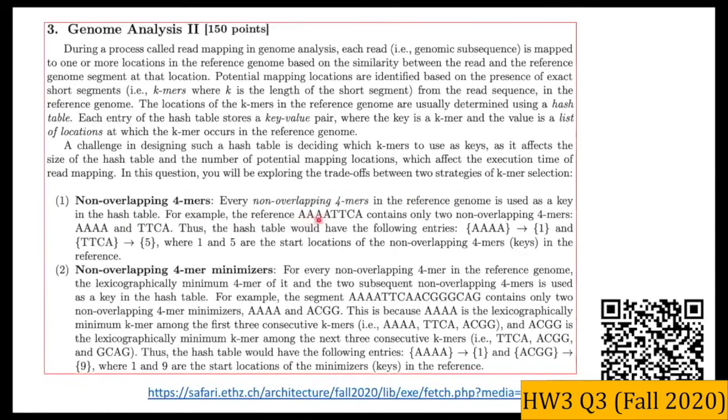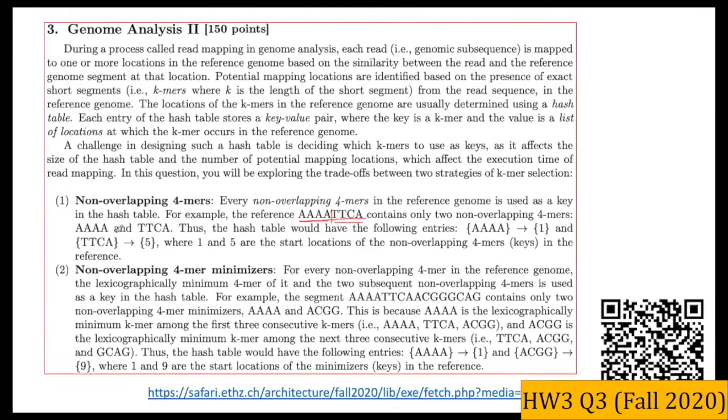Here is an example so that it's clear. This is the reference genome, and this example contains only 2 non-overlapping k-mers. Why is that? Because if you check, we have 8 characters. If we extract only the non-overlapping k-mers, then we have this first k-mer and this second k-mer, each of length 4 characters.